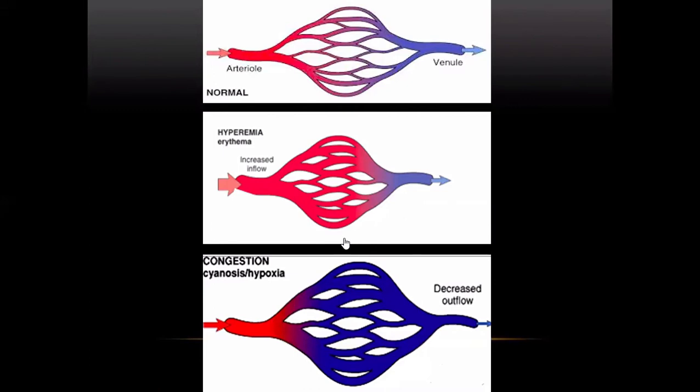Since the blood cannot get out, the blue venular blood increases. This is termed venous congestion, or cyanosis or hypoxia, because there is less oxygen. This is termed congestion.